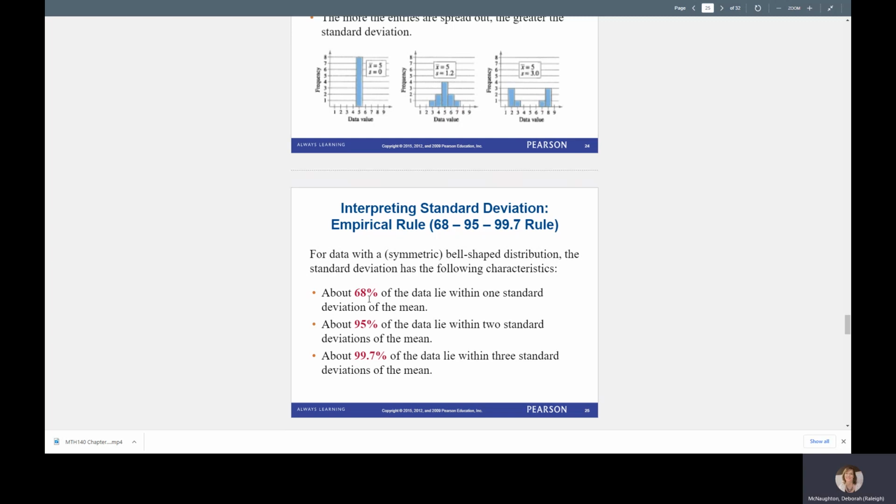So let's say that my mean is 100 and my standard deviation is 10. 68% of the data will lie between 90 and 110. 95% of the data will lie within 2 standard deviations, so between 80 and 120, and 99.7% will lie within 3 standard deviations, which would be between 70 and 130 in the example that I gave, where the mean is 100 and the standard deviation is 10.